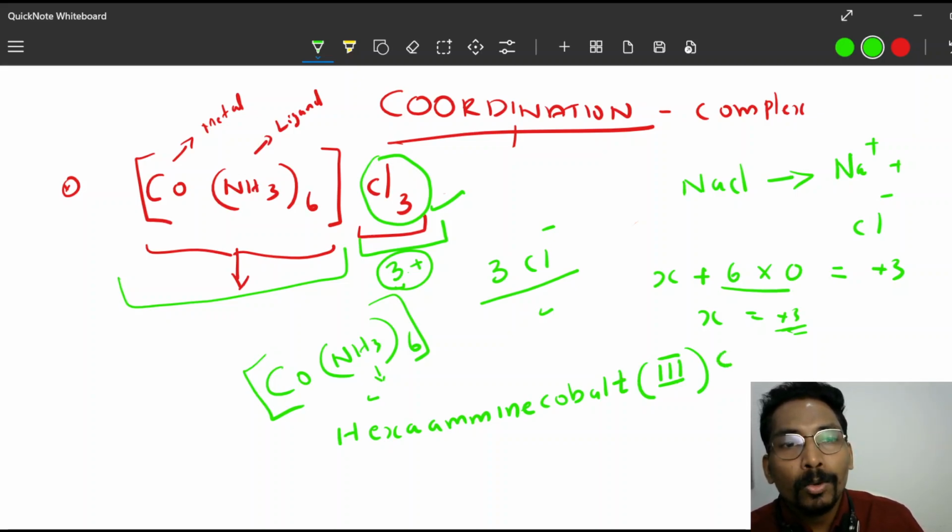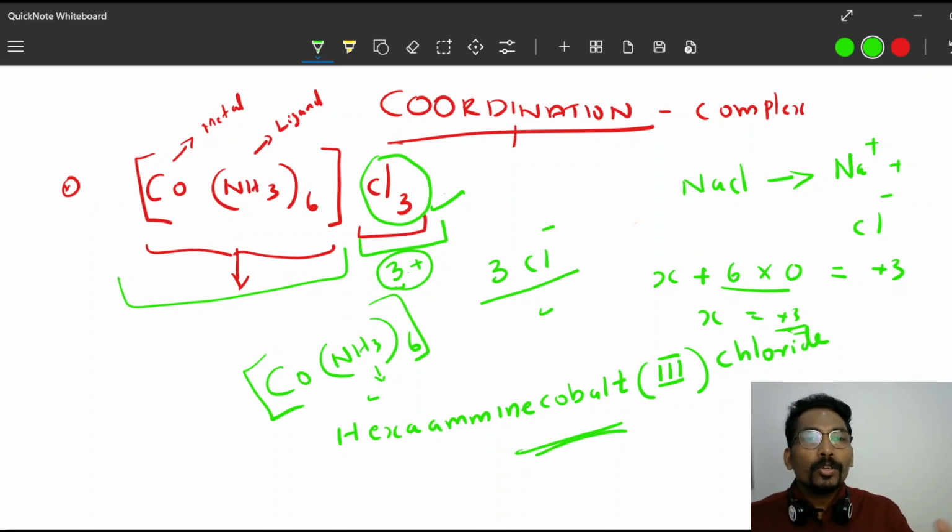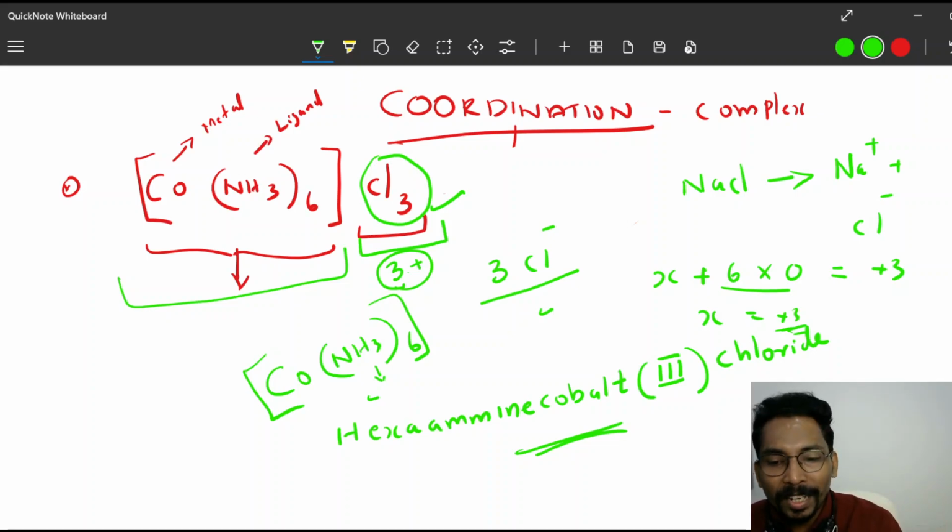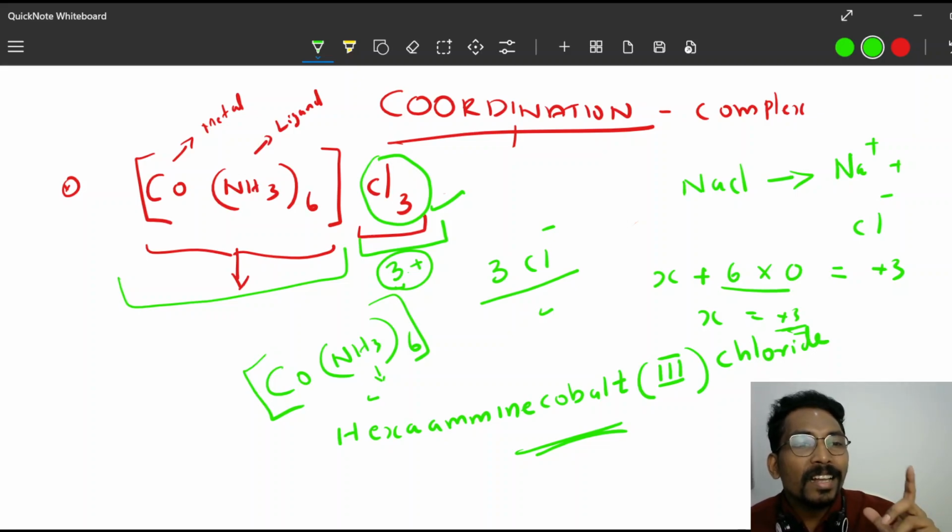So chloride. Okay, so this is the name. No need to mention the number of counter ions, like trichloride. Just chloride is enough. So this is the nomenclature of this particular complex, Co(NH3)6 Cl3. I hope it is clear. Hexaamine cobalt(III) chloride. All of you clear?